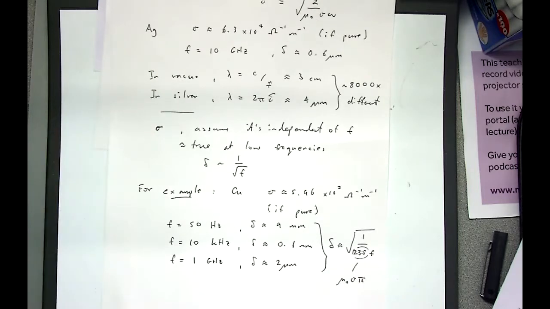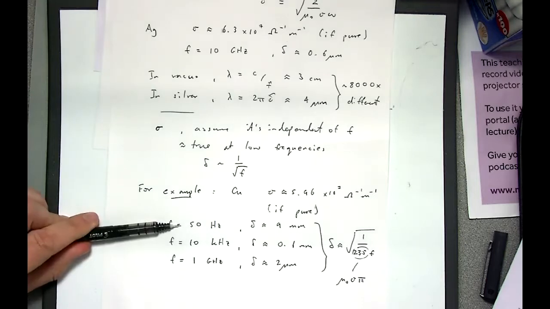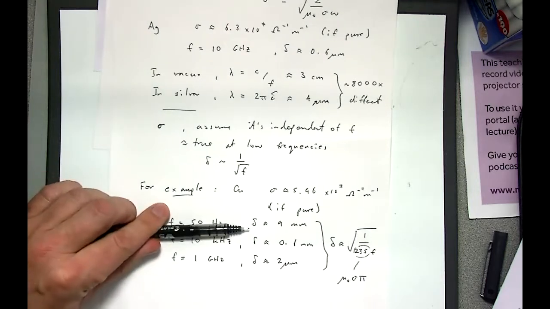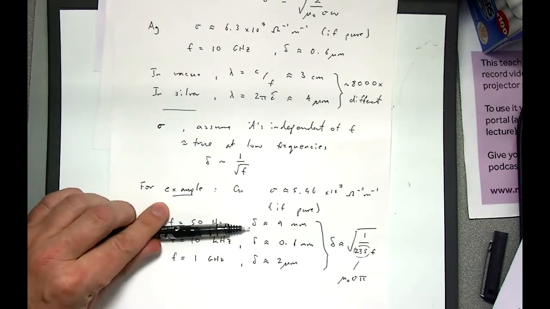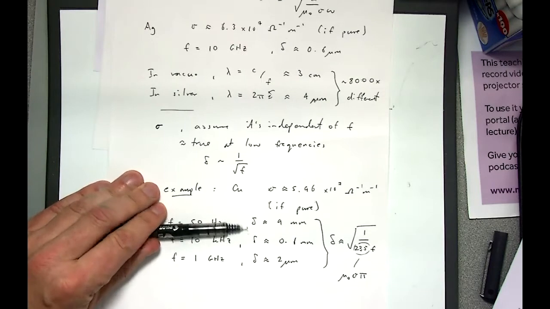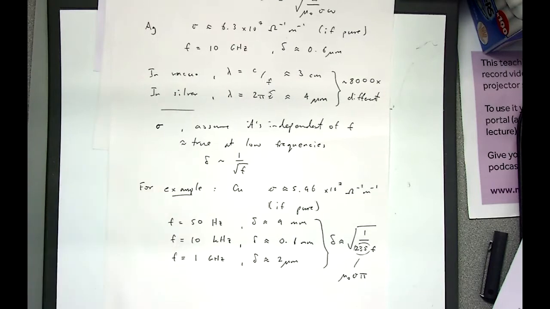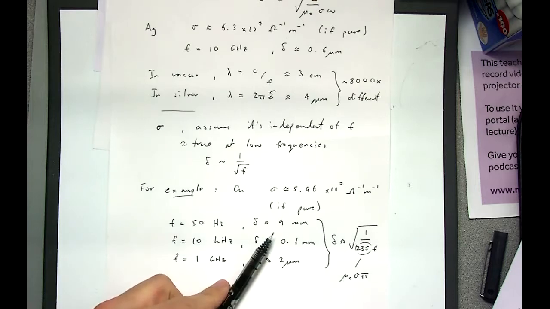It means if I want to carry an AC signal at 50 hertz, if I have a wire which is significantly bigger than 9 millimeters, then the electric field from that oscillating current will not penetrate more than 9 millimeters from the surface. So if it's a 50 millimeter thick wire, there's nothing happening in the middle, it's all happening on the outside. Okay? So there is a maximum usable size of cable which is dependent upon the skin depth.